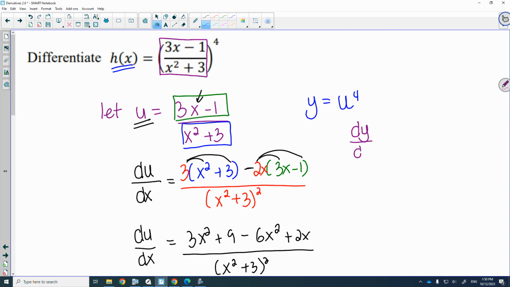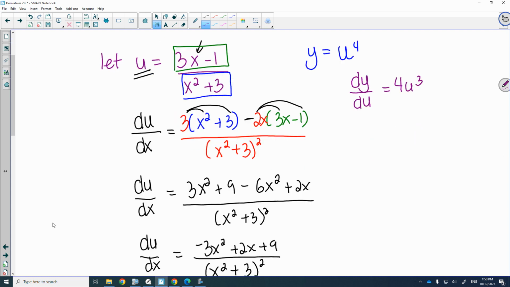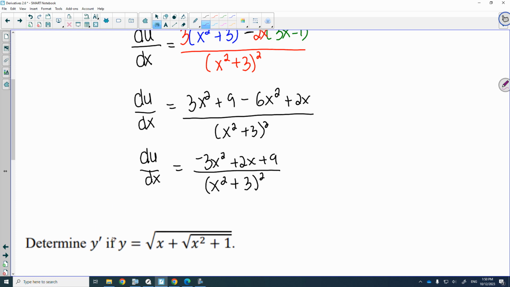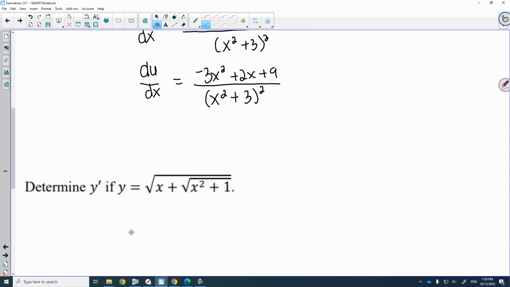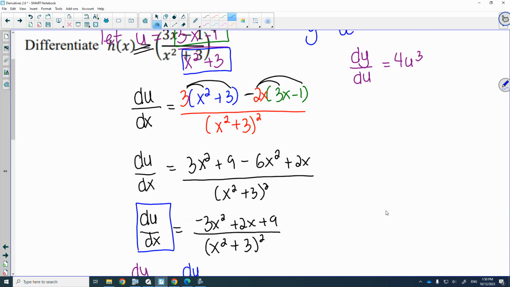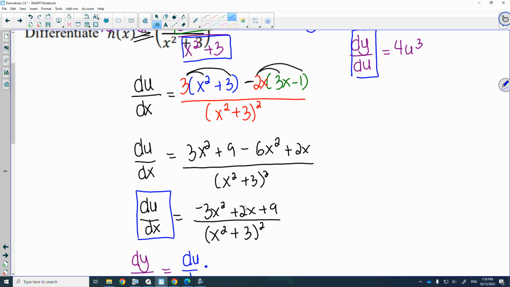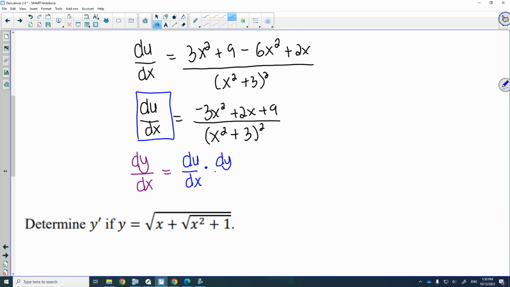Yes, derivative of y with respect to u is equal to this. Now with the derivatives of these two functions, remember, if I multiply du over dx by dy over du, what will happen? The du over du will cancel, and I'm left with dy over dx.